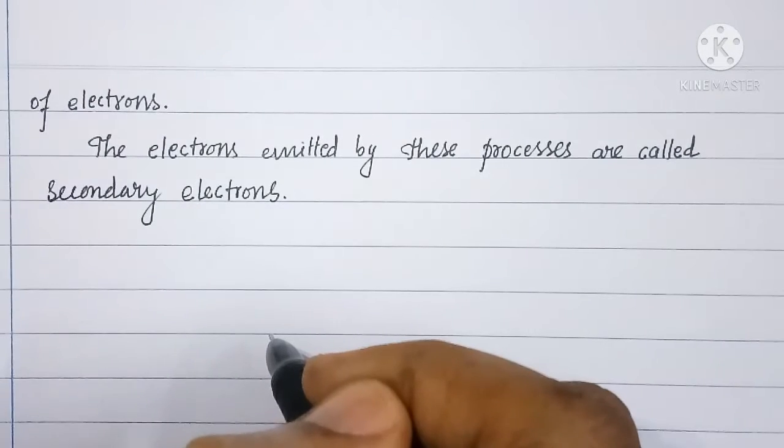As we defined primary ionization coefficient alpha, on the same lines we can define secondary ionization coefficient gamma.